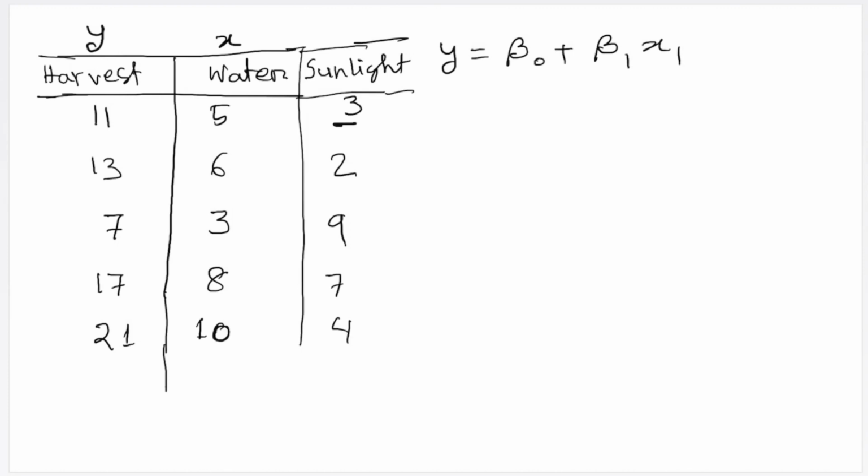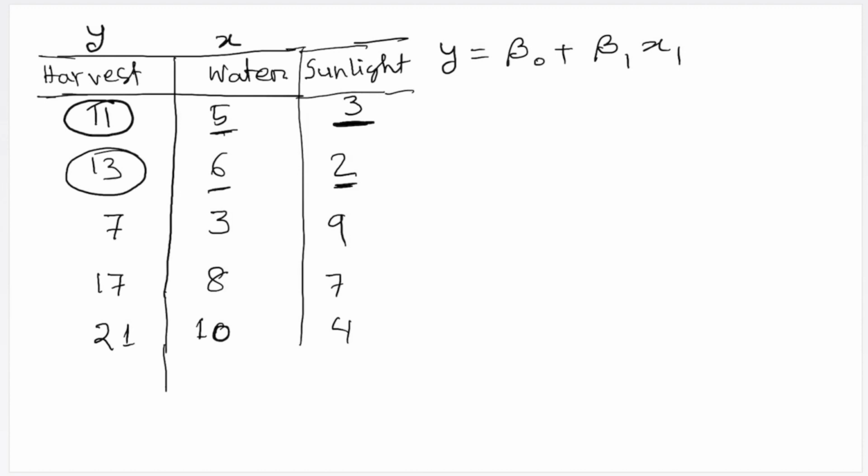For this particular specific 3 units of sunlight, 5 units of water, the harvest is 11. For 2 units of sunlight per day, 6 units of water per day, the harvest amount is 13, and so forth.